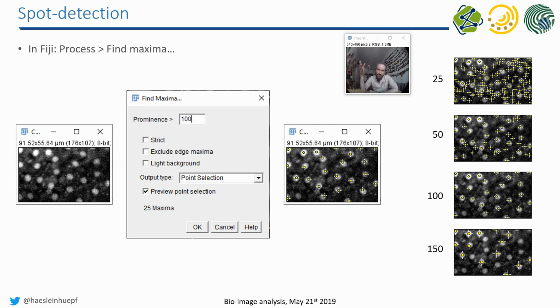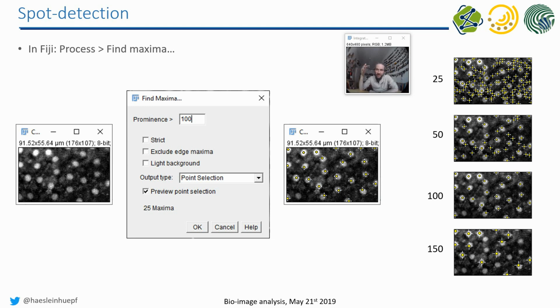So if you sit there and you have to, as a human, judge images in front of a screen, unfortunately, with these tools it's not possible in a different way, right? If you have to do this anyway, then please blind yourself at least to the conditions under which these images were taken. If you have some images taken from a mutant and some images from a control, then ask a colleague to take 10 random images from your study, give them names 1, 2, 3, 4, 5, 6, 7, 8, 9, 10, and remove any hint for you, as the person looking at the image, of what is control and what is mutant.